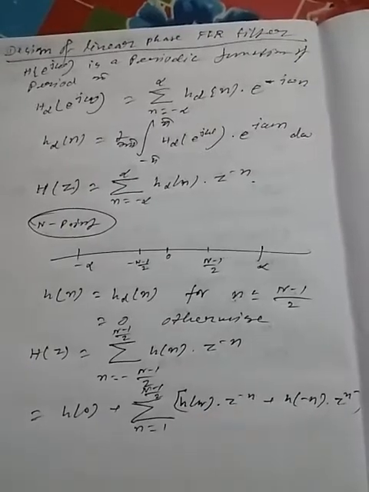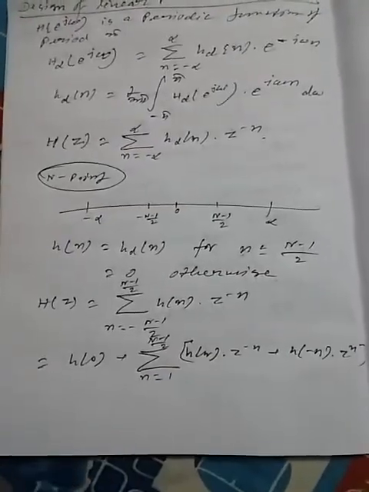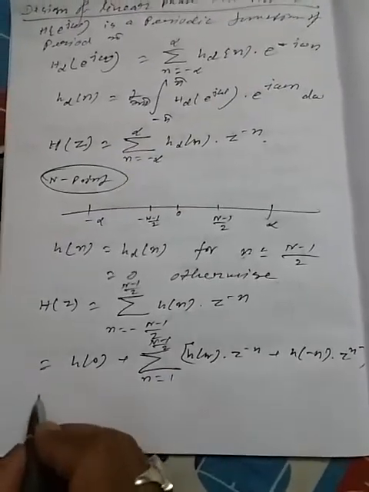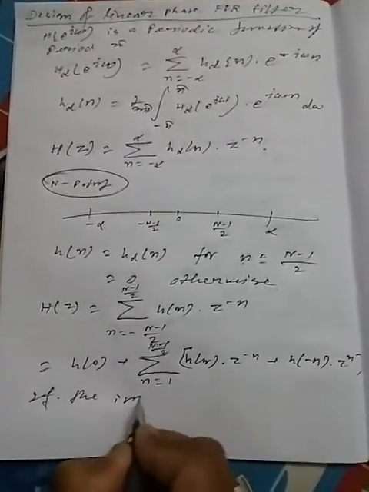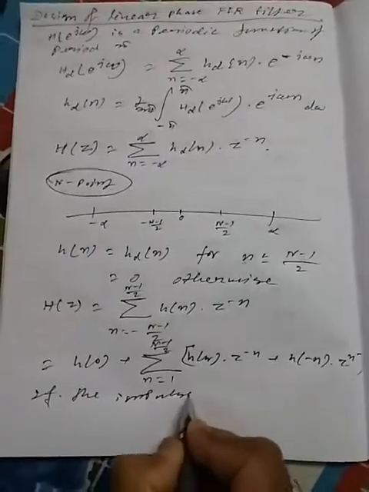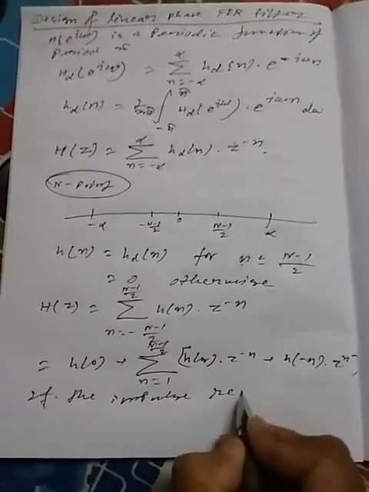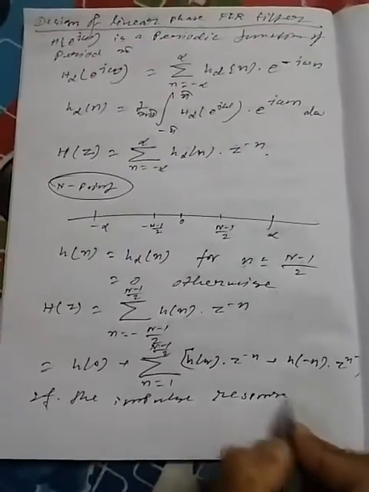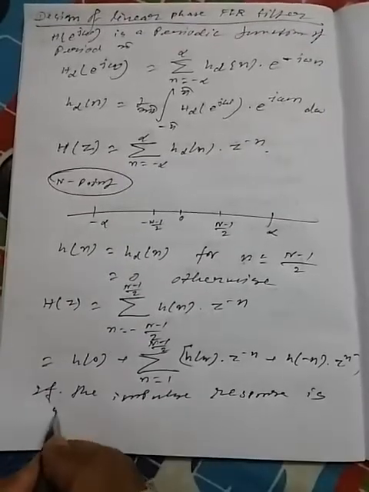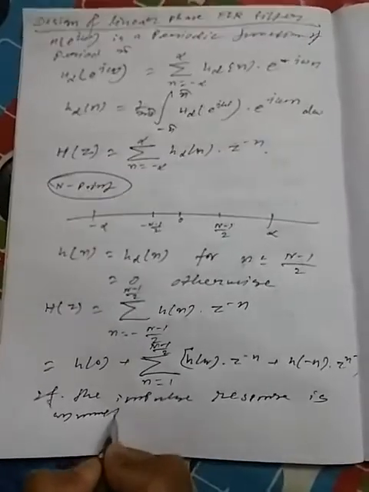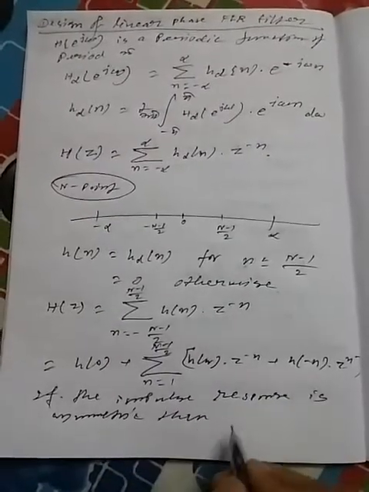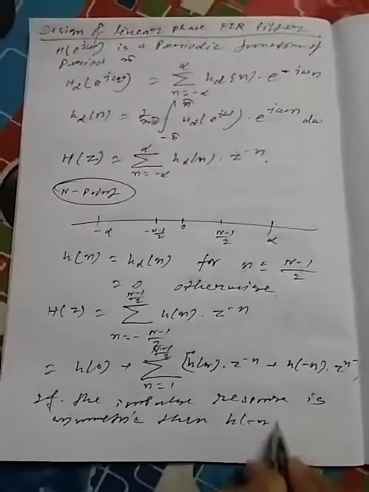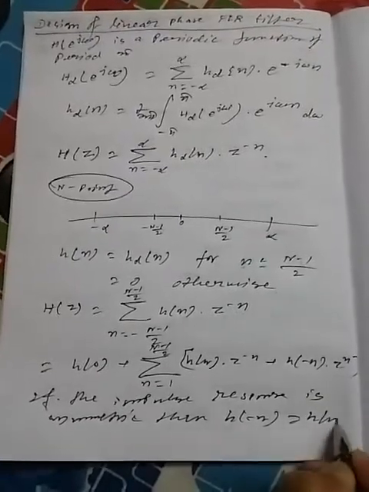Now if the impulse response is symmetric, then h(minus n) will be equal to h(n).